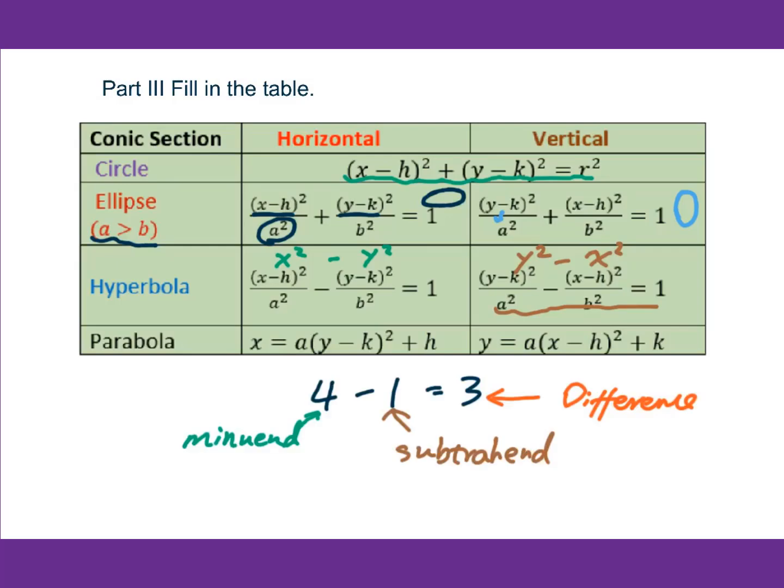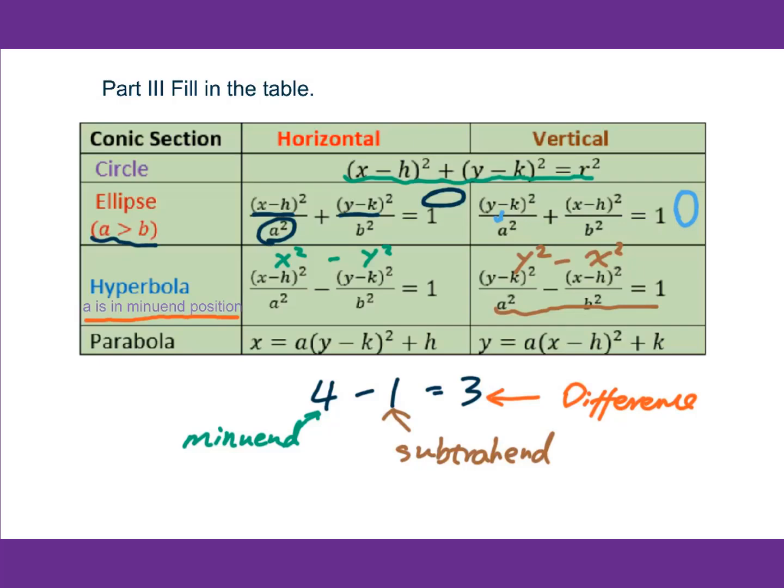As we know, 4 minus 1 equals 3. The name for 4 is minuend. The name for 1 we call subtrahend. The name for this 3 we call difference. Therefore, for hyperbola equation, A is in minuend position.